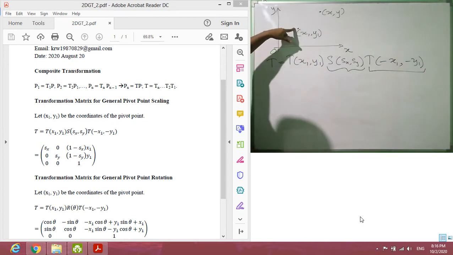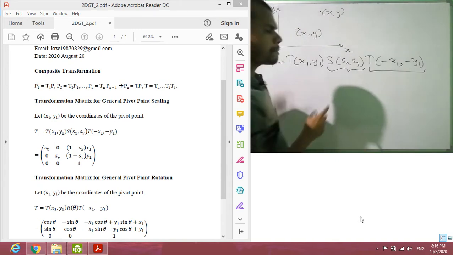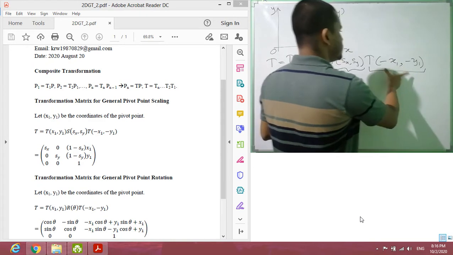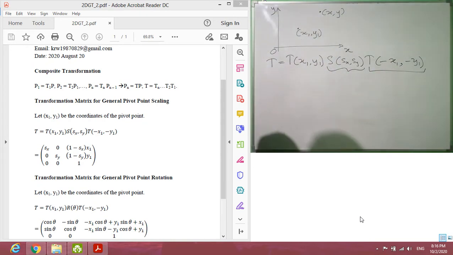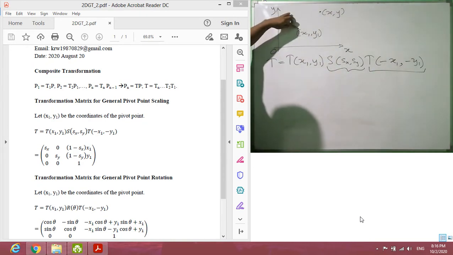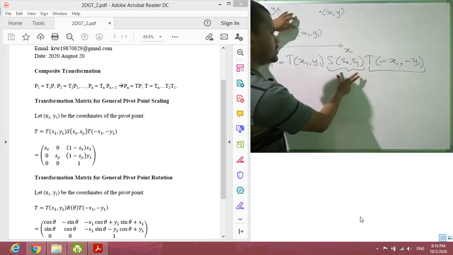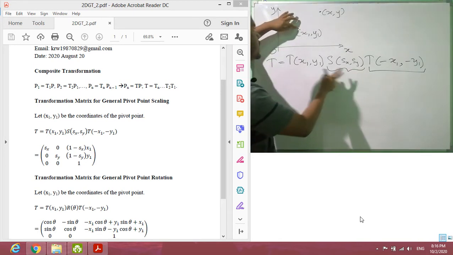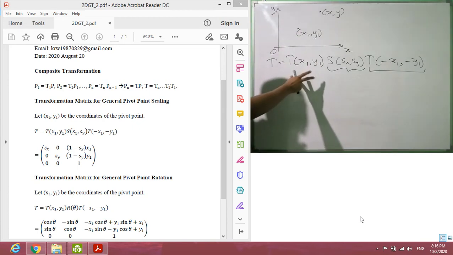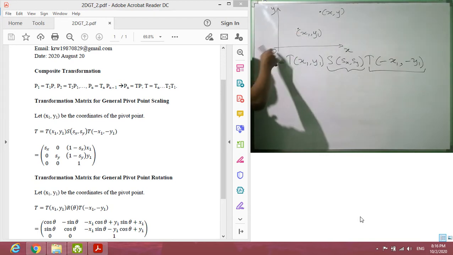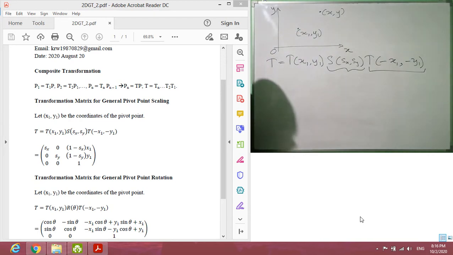In order to do that, we translate the origin to here, and after that we scale with respect to the origin. Now again, to get it to the actual position, we translate the origin back to here. That's what we have done.